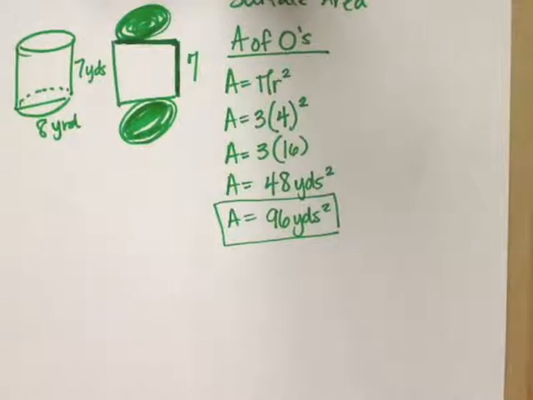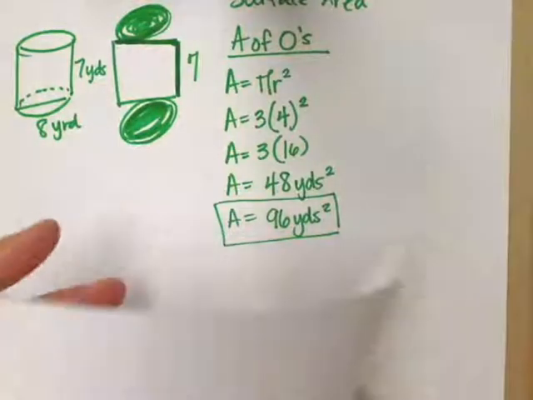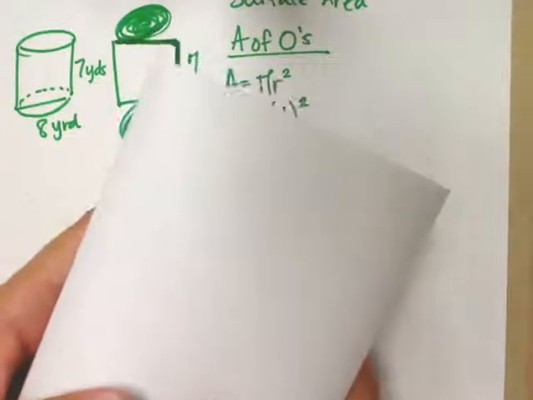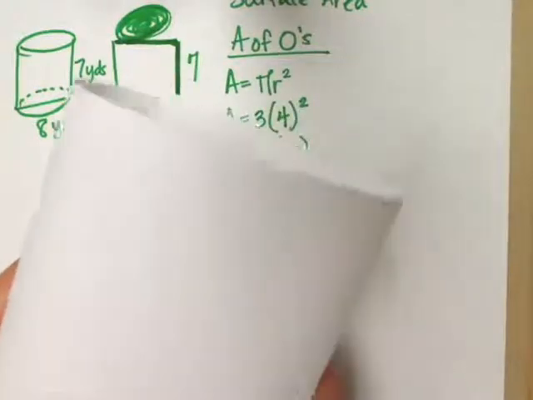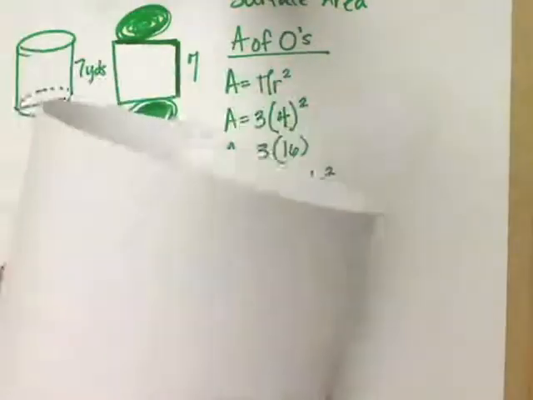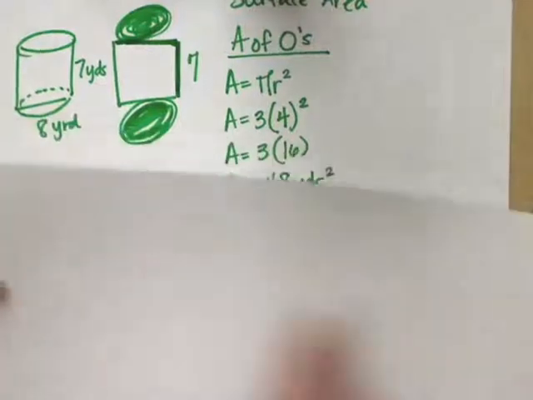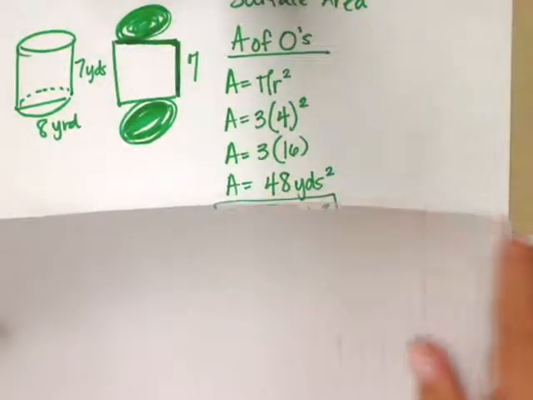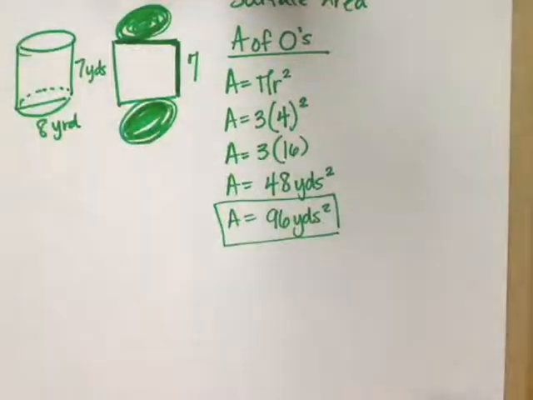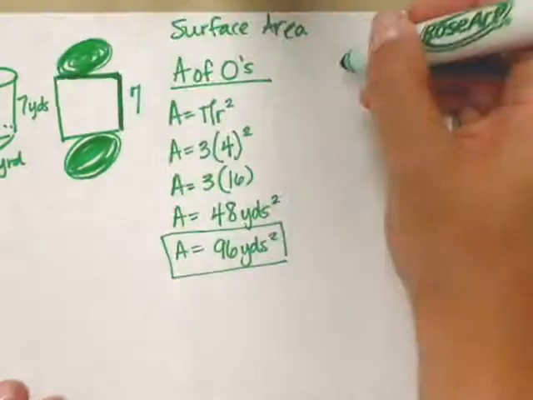If I take a sheet of paper and roll it up to make a cylinder, and then unroll it, this distance was your circumference that has just been unrolled. So we need to find the circumference.